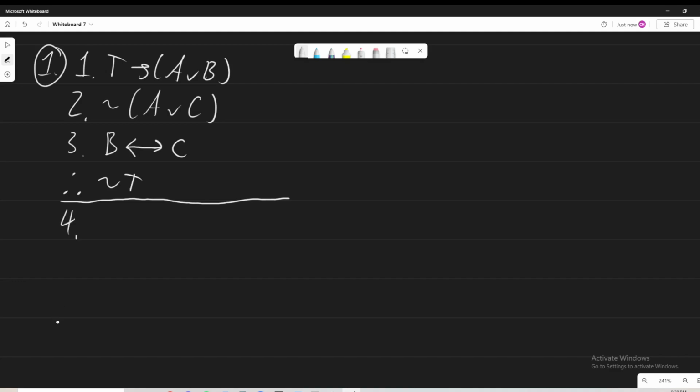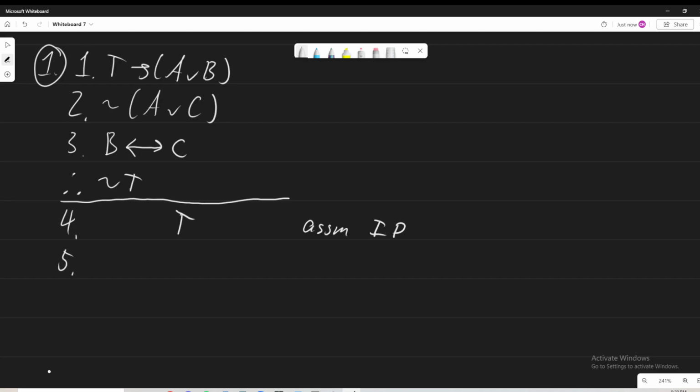So we're going to begin this proof the same way we will for any indirect proof, and that is, again, by assuming the opposite of our conclusion. Our conclusion here is not T, so the term we're going to assume is the opposite of not T, which is just positive T. We'll write our justification, assume for indirect proof.